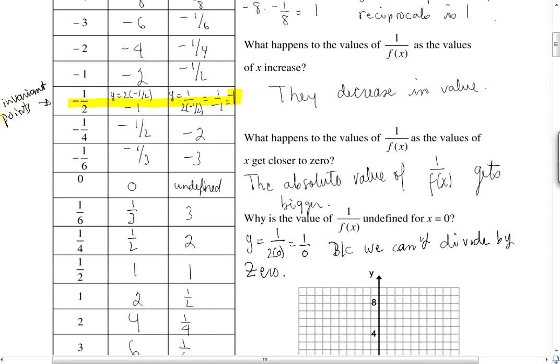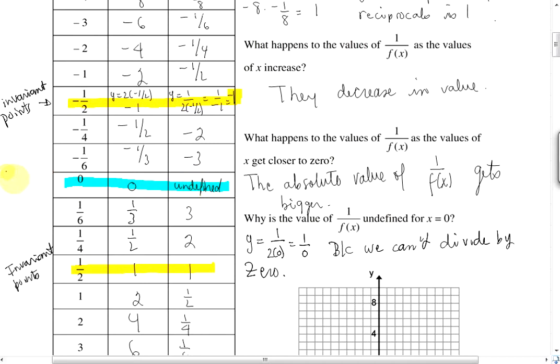And the other place that this happens is here. So we also have invariant points here. The other thing I would like to draw your attention to is that when we plug in 0 for x in our reciprocal function, we get something that is undefined.